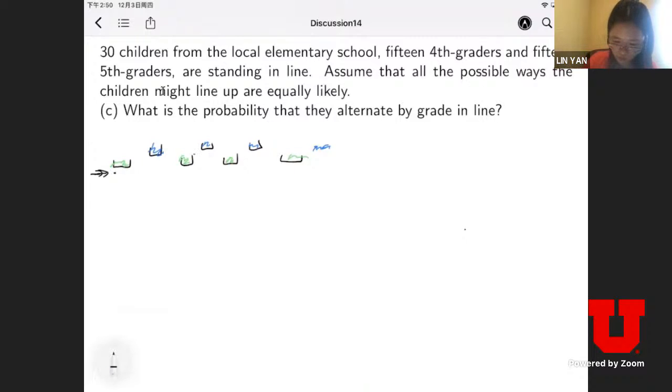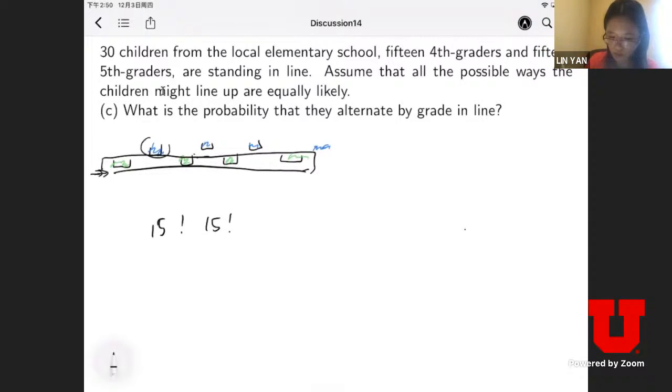For the green ones, we have 15 factorial ways to permute them, and we also have 15 factorial ways to form the line for the blue graders.